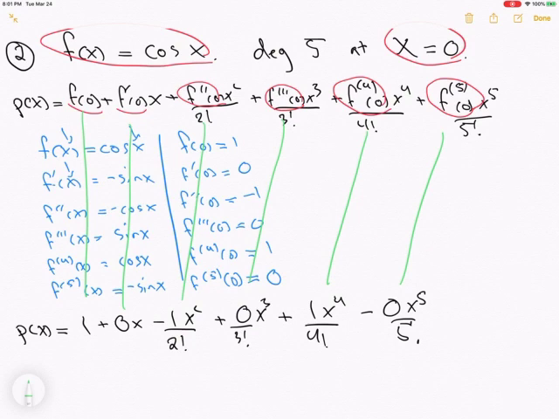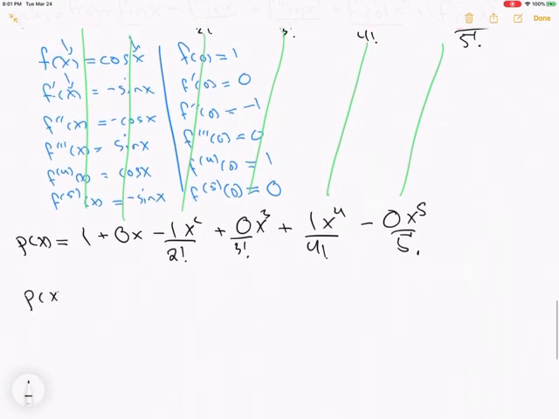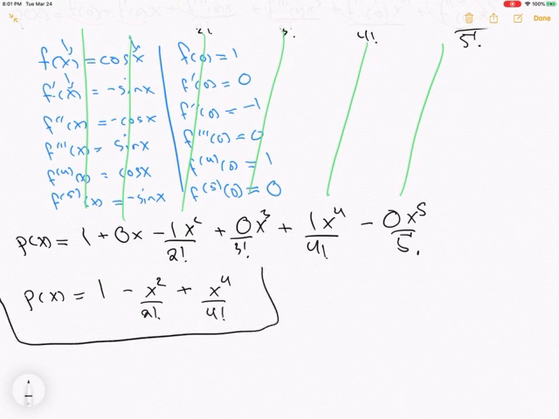But of course, there are lots of zeros here. So this Taylor polynomial is 1 minus x squared over 2 factorial plus x to the 4 over 4 factorial. And so there actually is no degree 5 element. So the degree 5 Taylor polynomial is the same as the degree 4.